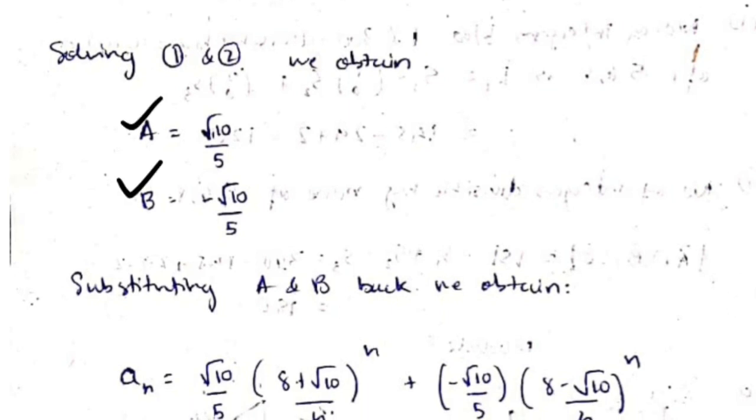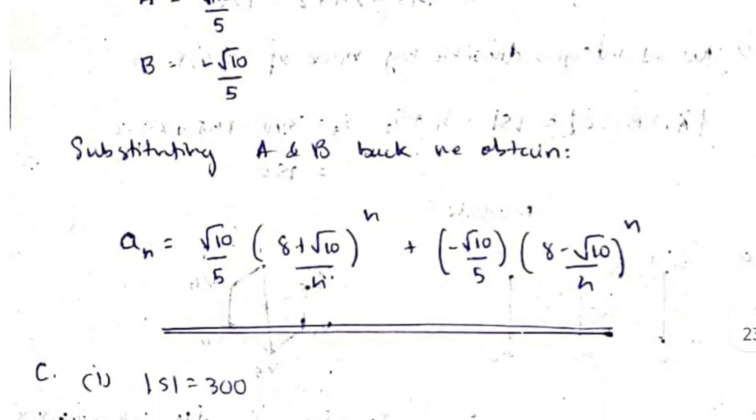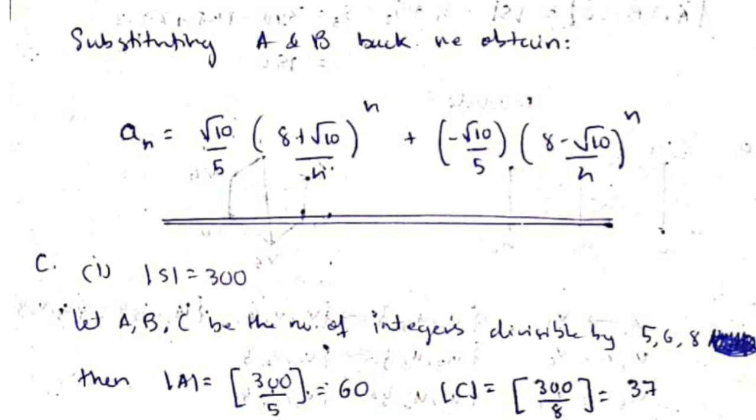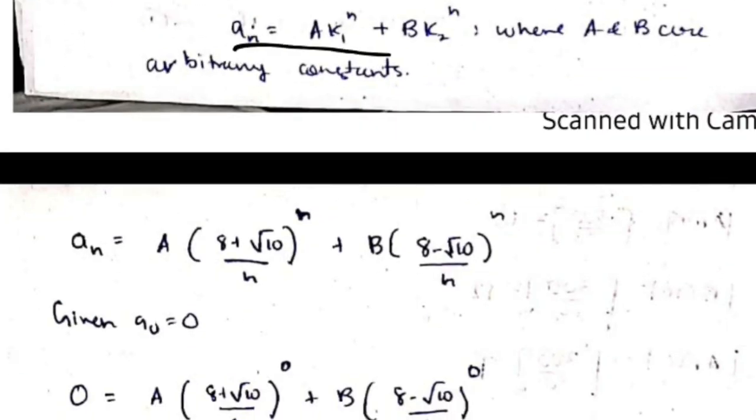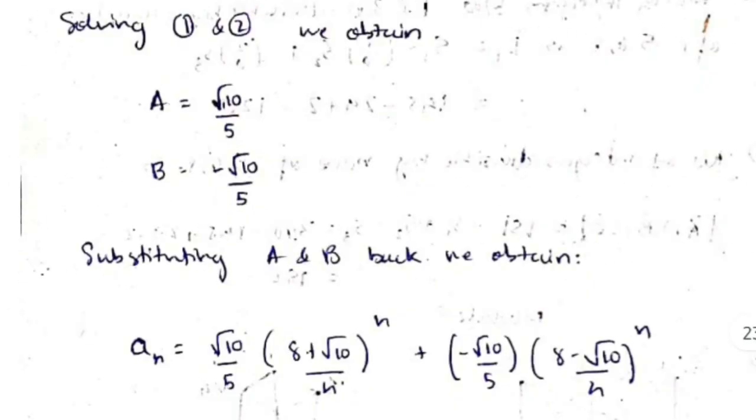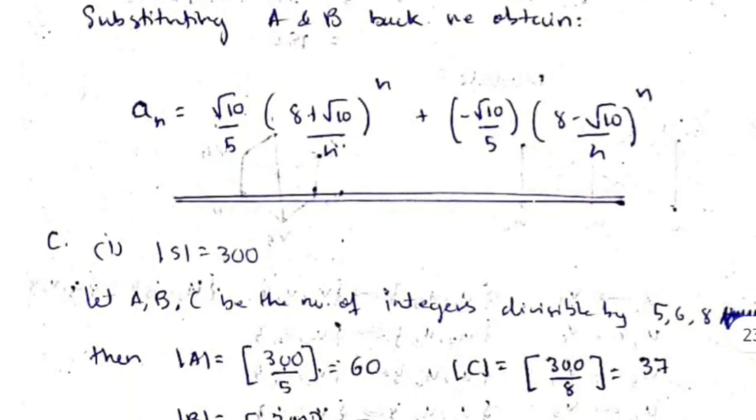So once we find out the values of a and b, we will substitute the values of a and b in this equation. K1 and k2 are already known, so we will substitute those as well. This is the final answer.